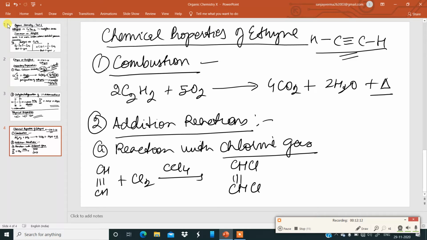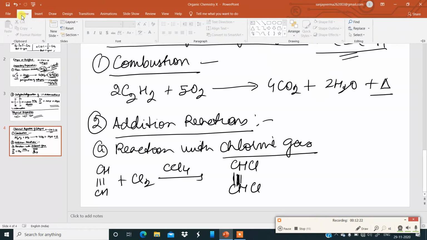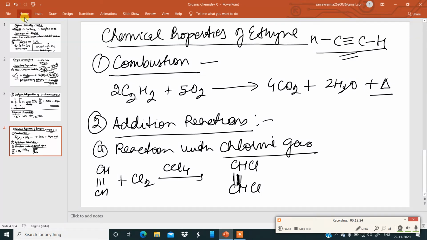So it forms this compound, 1,2-dichloroethene. There's a double bond over here. Okay, 1,2-dichloroethene.